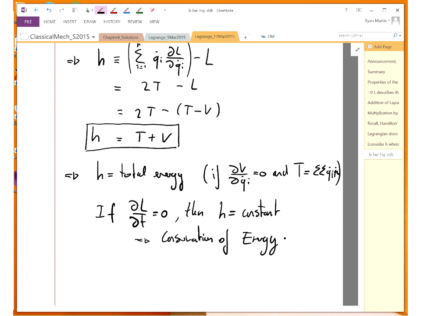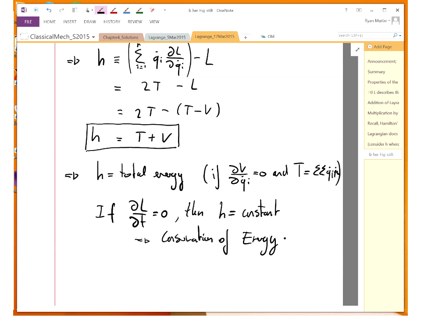That's really cool. We never said anything about energy. In fact, we never even defined the concept apart from kinetic energy and potential energy, but we never envisioned this idea of this total energy thing being conserved. And so we see mathematically that under certain conditions, namely that the Lagrangian doesn't depend explicitly on time, total energy is conserved.